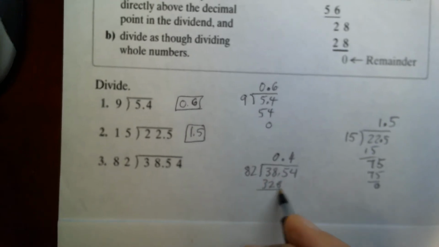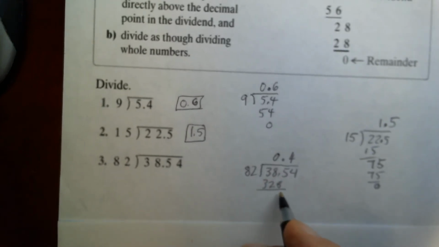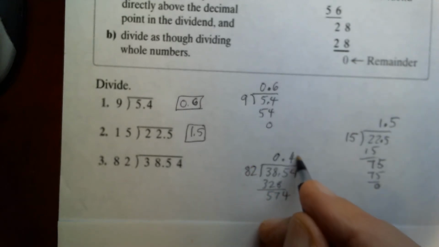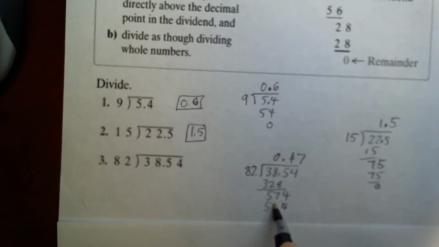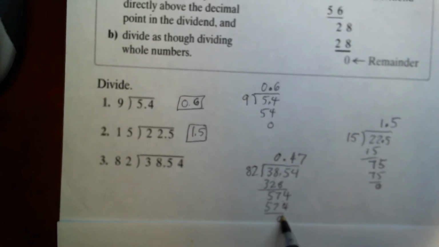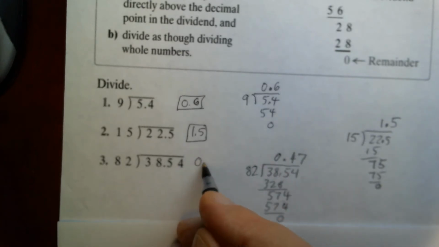We subtract that, and that is 57. Bring down the 4, it is 574, and 82 goes into 574 7 times. So 7 times 2 is 14, and 7 times 8 is 56, plus 1 is 57. We subtract, so the remainder is 0. So the quotient is 0.47.